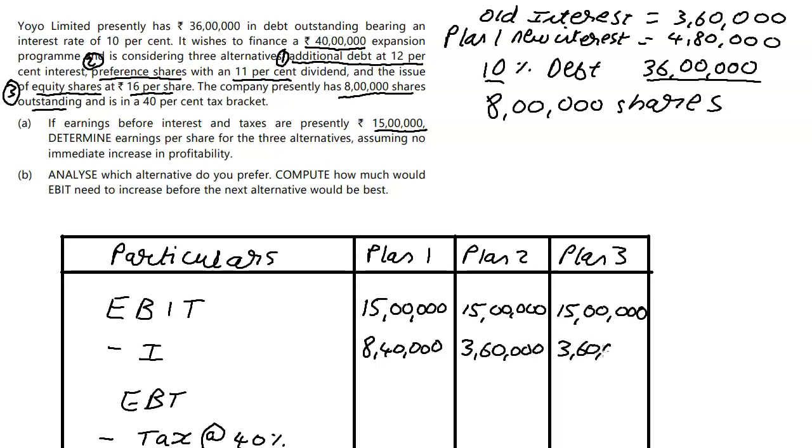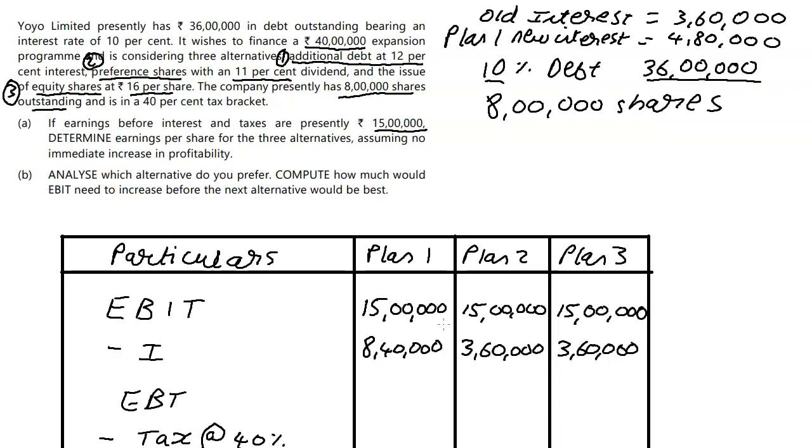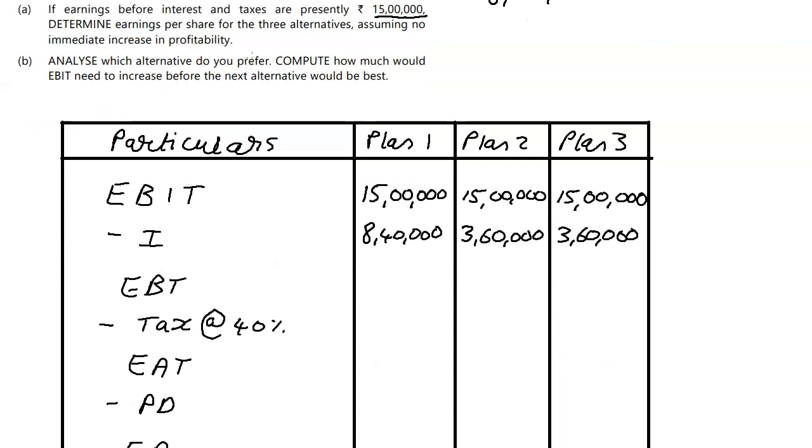Plan 3 also, we are issuing equity shares. So I now know the interest everywhere. Next is about preference dividend. Which plan involves the issue of preference dividend? Only plan 2, and they're saying at 11%. 11% of how much? The 40 lakhs. So 11% of 40 lakhs will give you 4,40,000, and that will only go in plan 2. No other plan has preference shares.